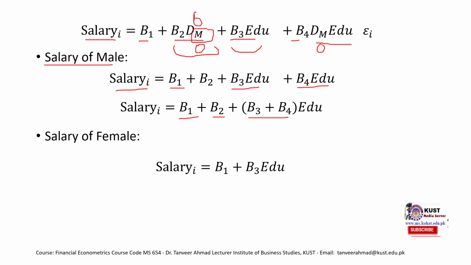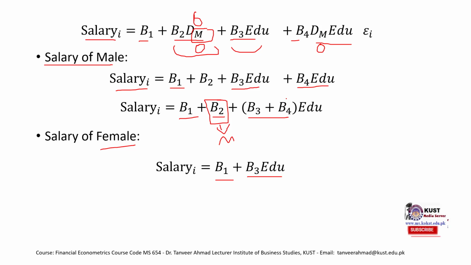Again, this dummy would have a value of 0 in case of a female, so 0 multiplied by any value of education or any other digit would again be 0. So what we get is that the expected value of a female would be beta 1 plus beta 3 education. But in case of male, the expected salary would be beta 1 plus beta 2, where beta 2 is the premium that this person is getting for being male.